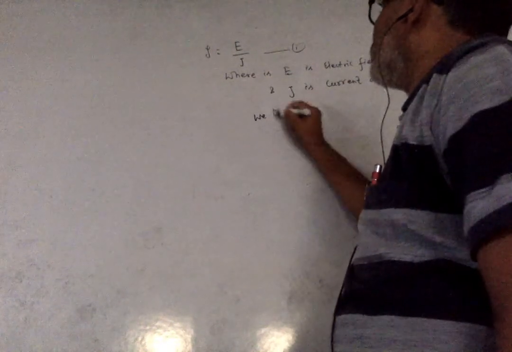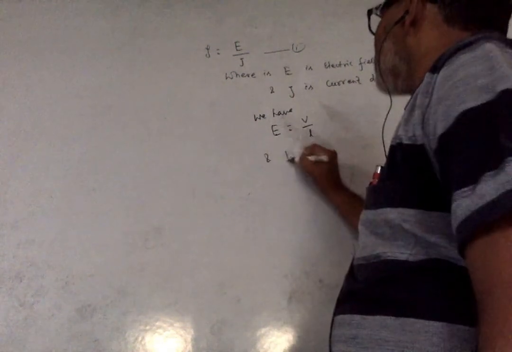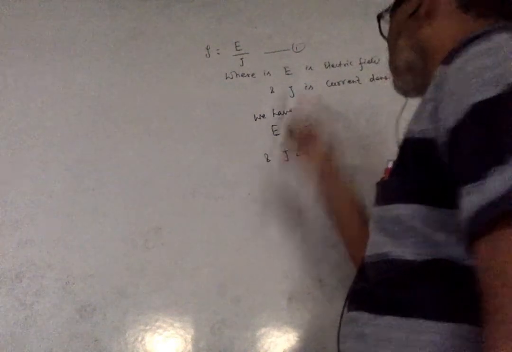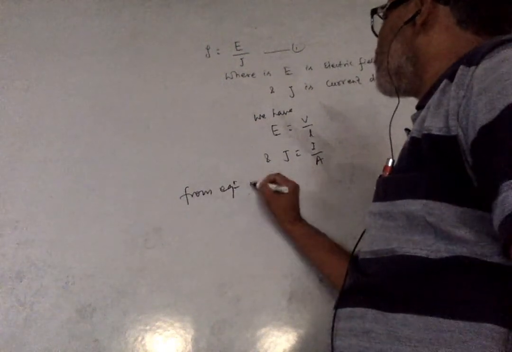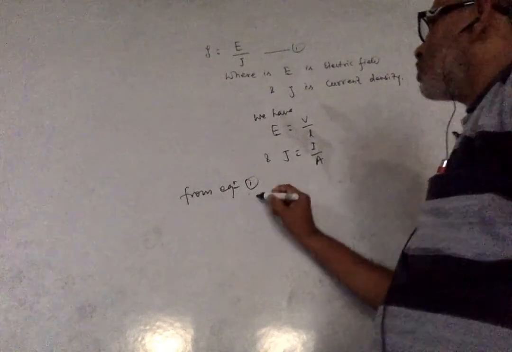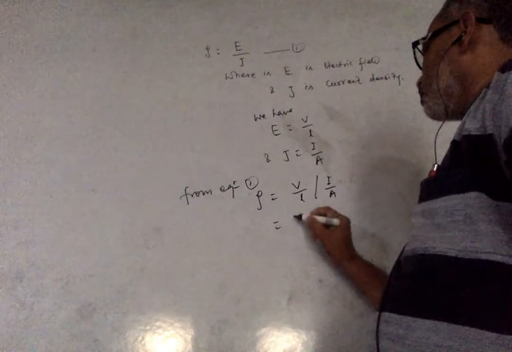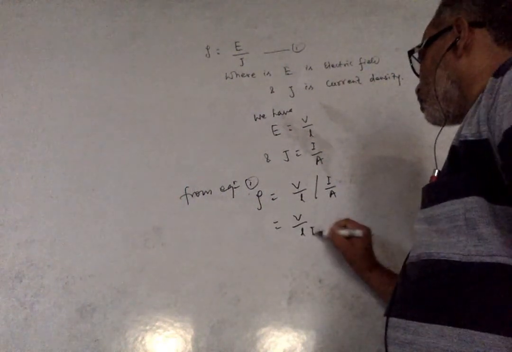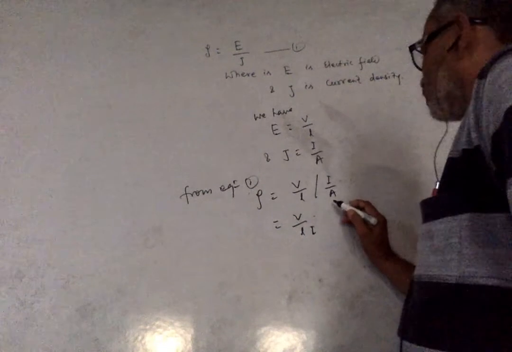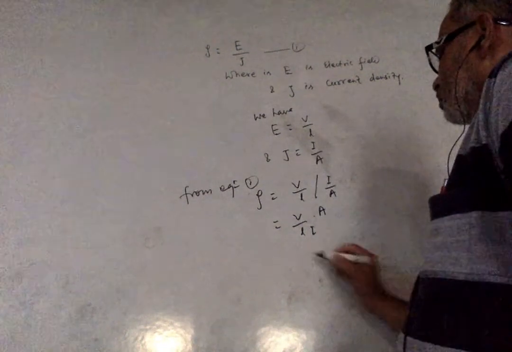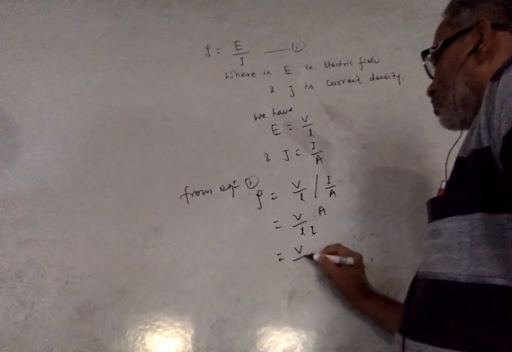We have E equal to V by L and J equal to I by A. Then from equation first, rho equals V by I.